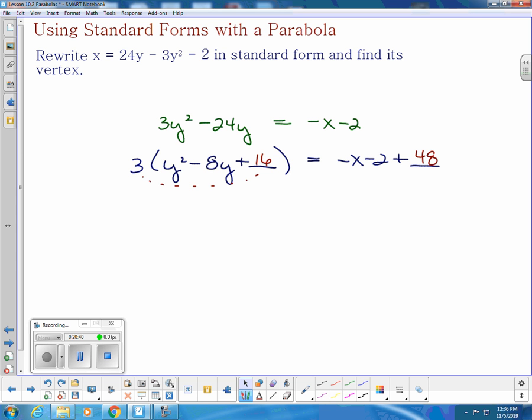Everyone with me? All right, so we have 3 times (y minus 4) squared, remember how we had to factor that earlier, equals negative x plus 46. Now, in standard form, both variables are in parentheses, so I'm going to factor out anything that's with my x. I have a negative 1 with my x. It needs factored out.